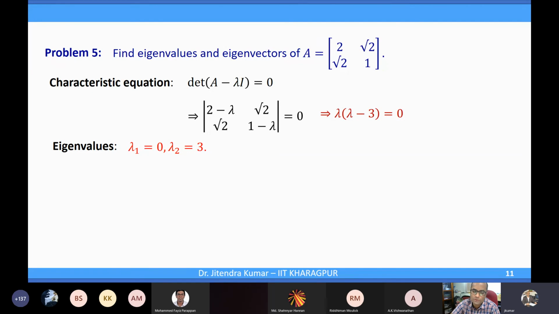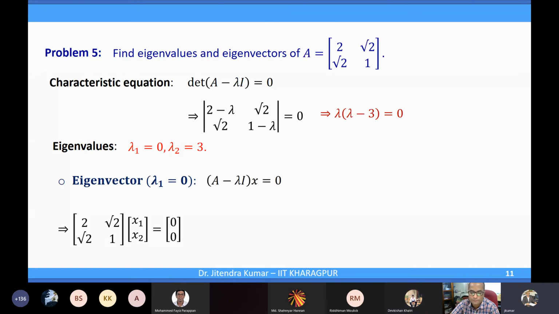Now corresponding to 0, the eigenvector is 1 and minus root 2.